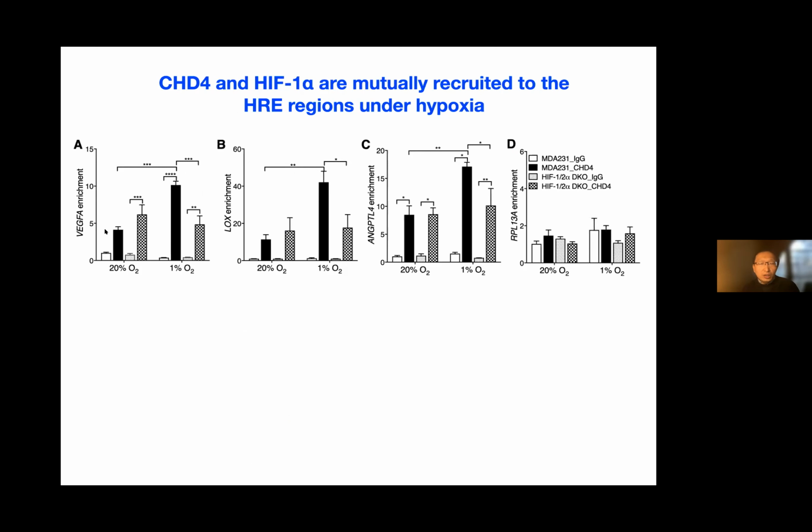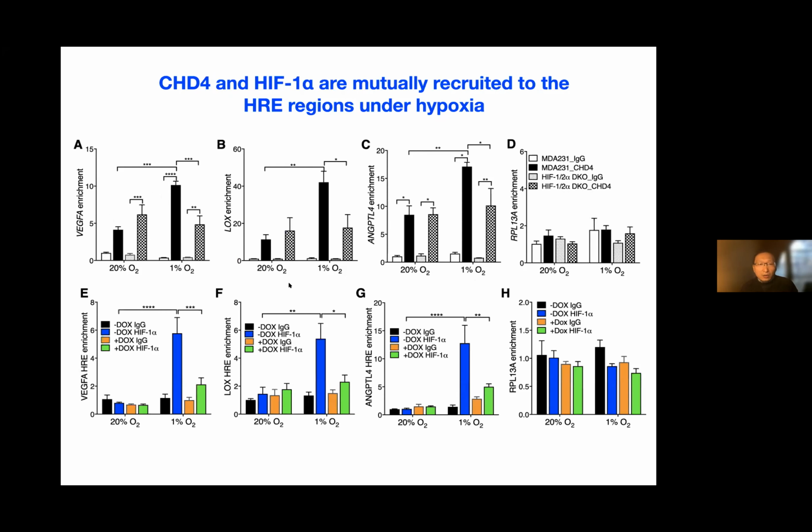CHD4 was enriched near the hypoxia response element, and this enrichment was enhanced by hypoxia. But this induction was blocked by knockout of HIF-1 alpha and HIF-2 alpha, suggesting CHD4 was recruited by HIF-1 and HIF-2 to the HIF target genes. But this is not observed in non-HIF target genes.